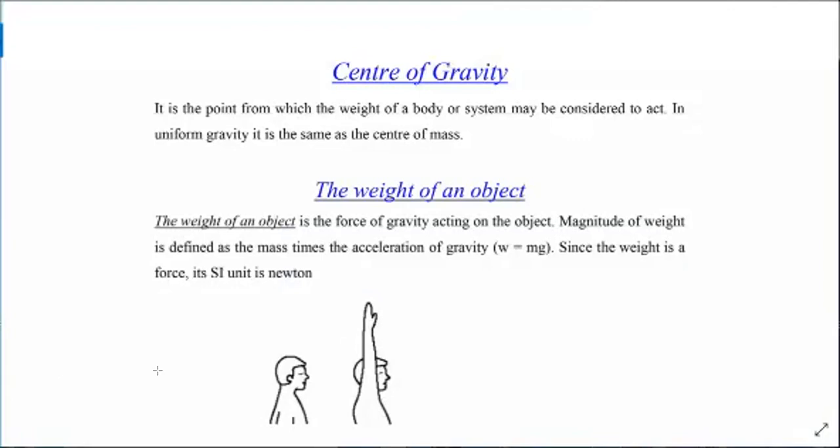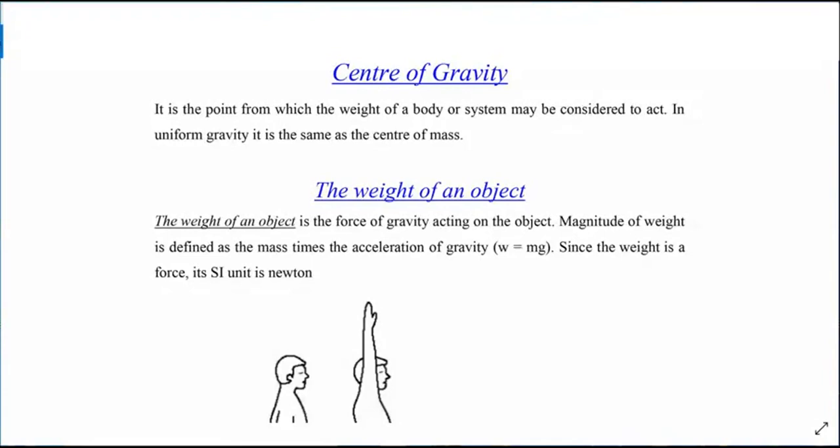Would you please read the first page of the tute, dear? So this is what you will see on the first page. Would you please read it, dear? Center of gravity.